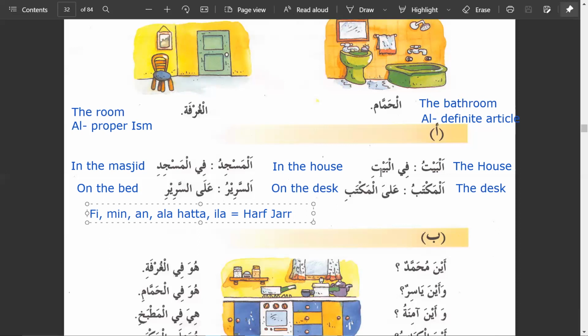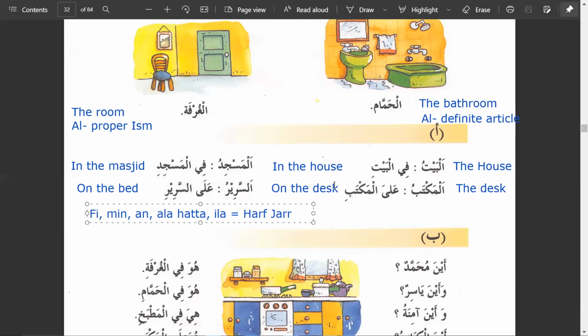Look, this was al masjidu, and when fi comes, it becomes fil masjidi. So as soon as a harf jar combines with the ism, it makes the ism majroor, or it takes the kasra.